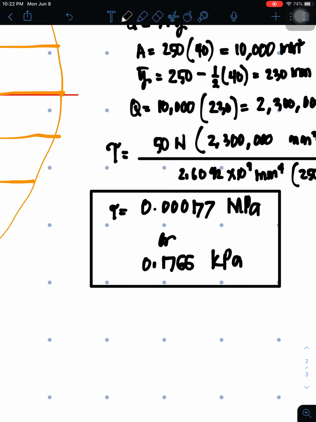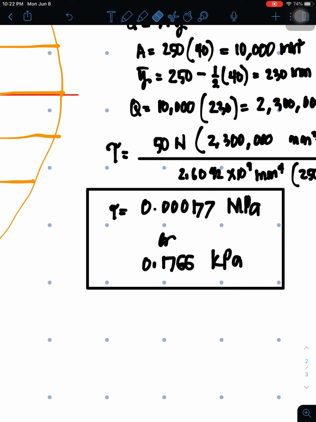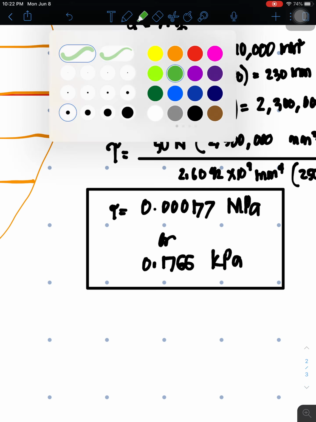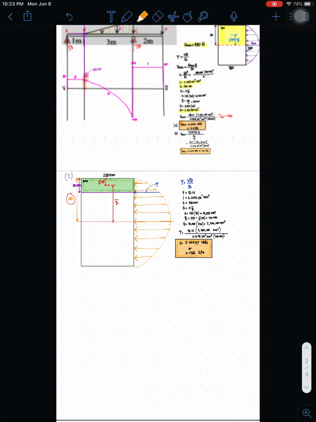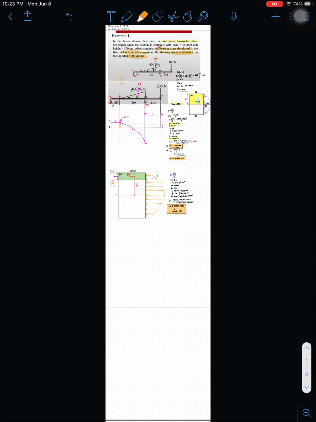And this is our answer. So let me just finalize this one. And here, this is our answer. And this ends our first example for horizontal shear. Let's continue.